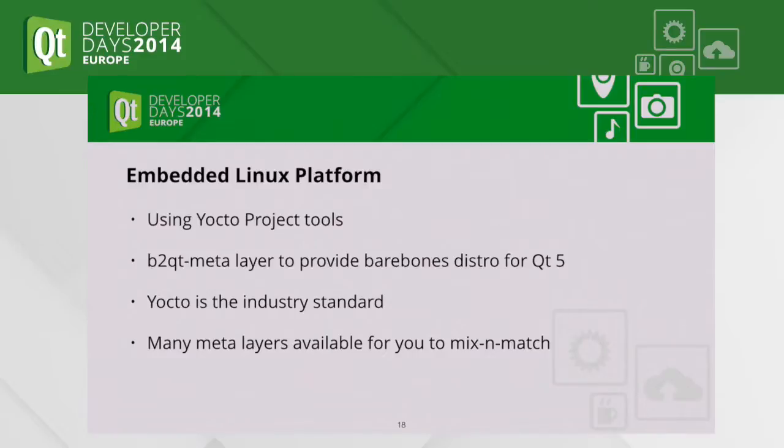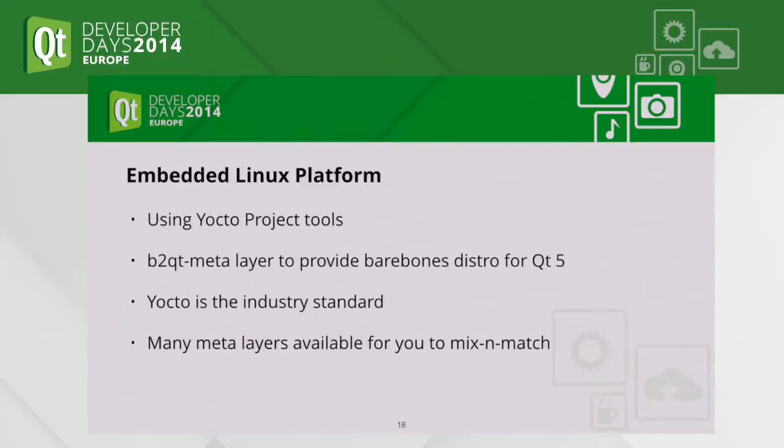You can inherit the Boot to Qt layer in your Yocto build script, and it will provide the packages and distro you need to generate your base layer image. Yocto is the industry standard for these embedded Linux toolchains and the tooling around generating them and SDKs.